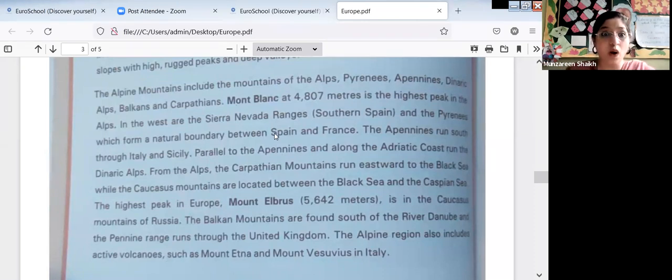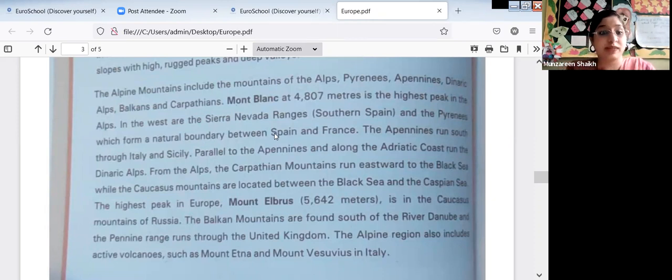Let's see what all information we have about this. Next, in the west are the Sierra Nevada range, in southern Spain, and the Pyrenees, which form a natural boundary between Spain and France.